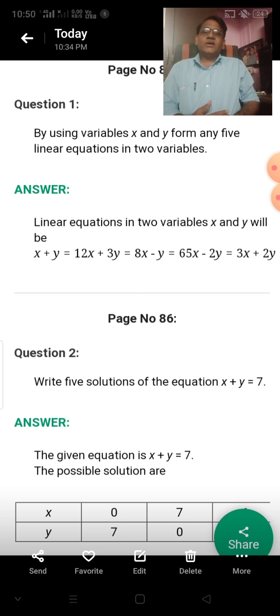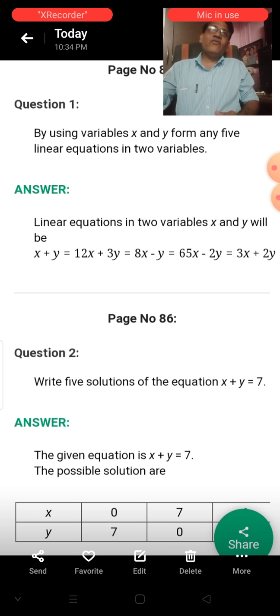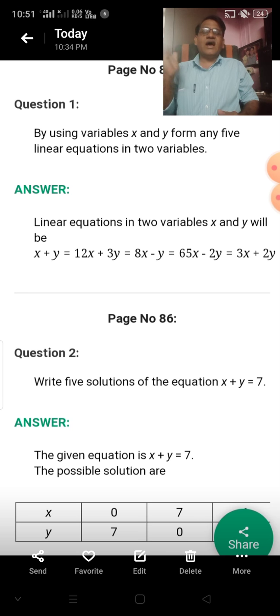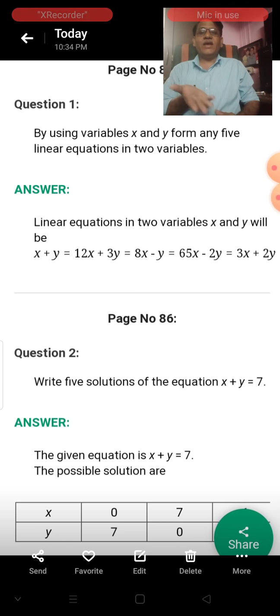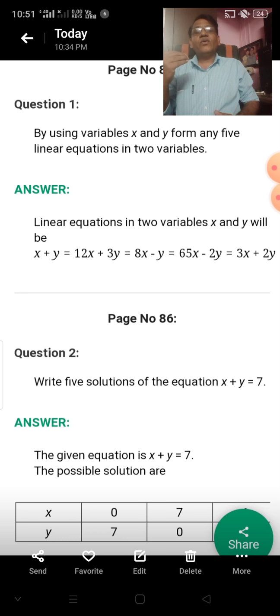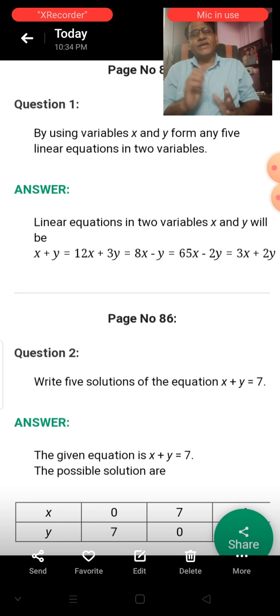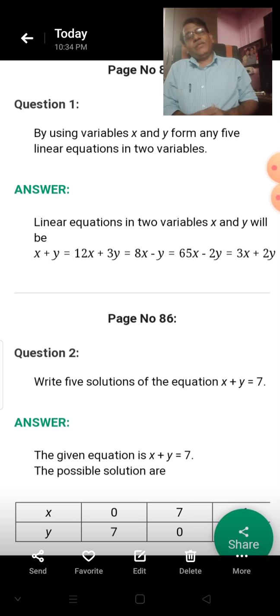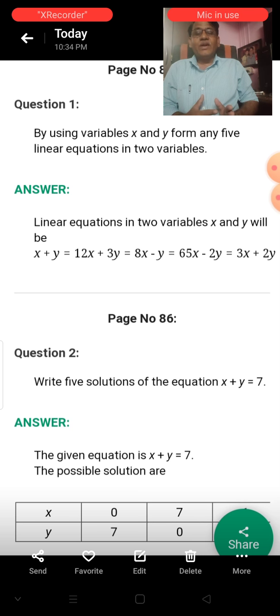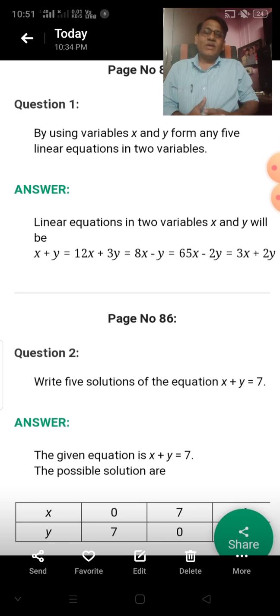Now when we want to find the value of a variable, we say solve the equation. Means you have to find the value of the variables in the equation, either x, y, or a, b. But when we have only a single equation in two variables, we can't find the value of x and y.